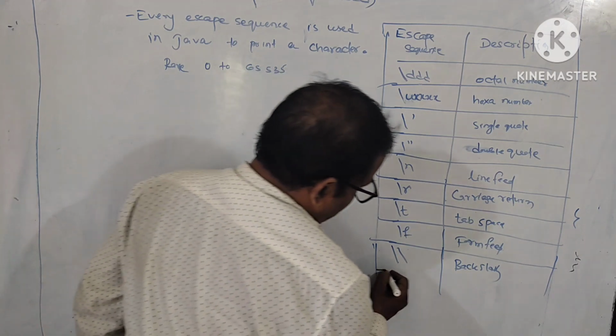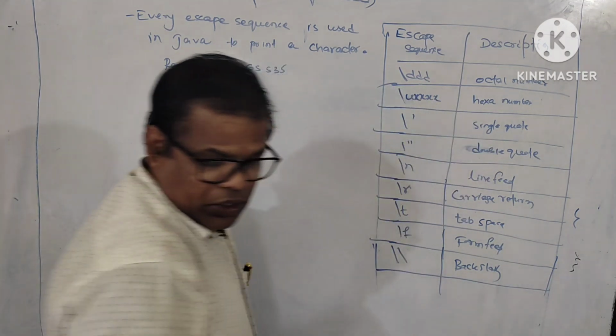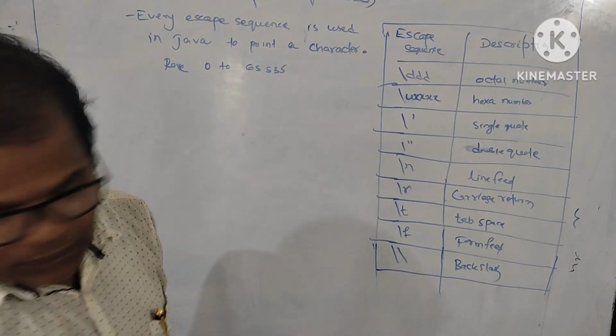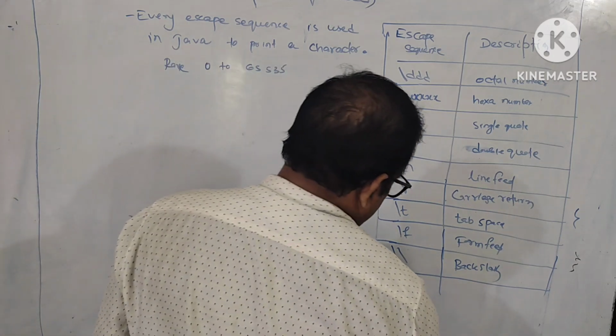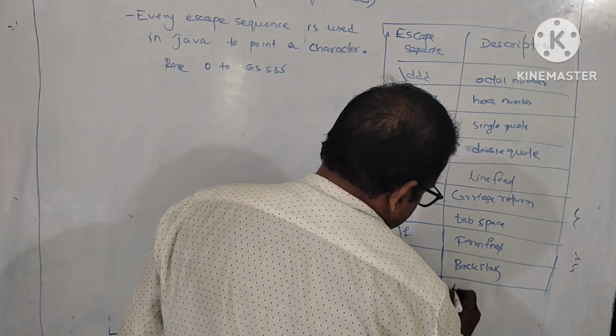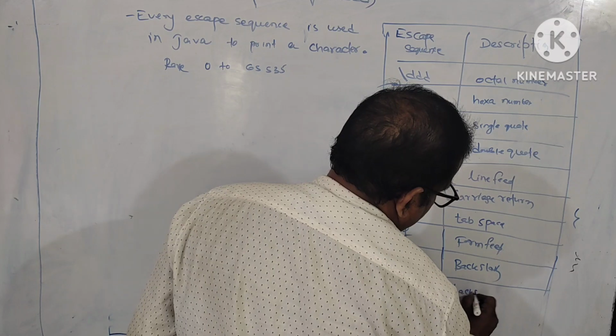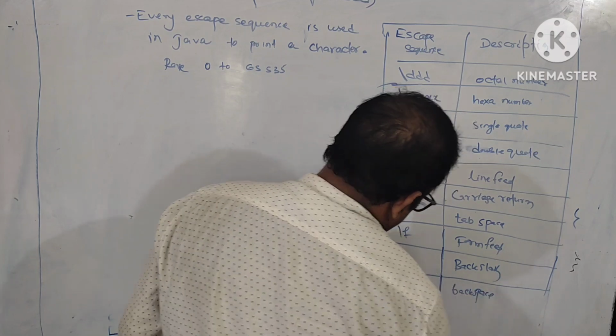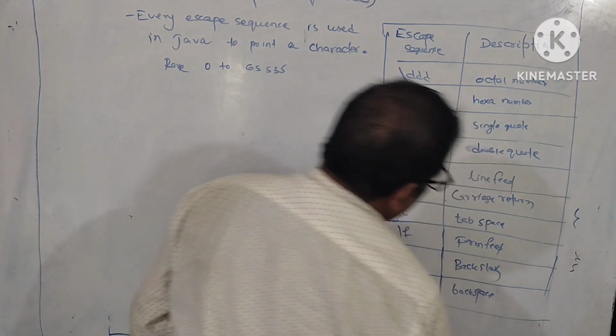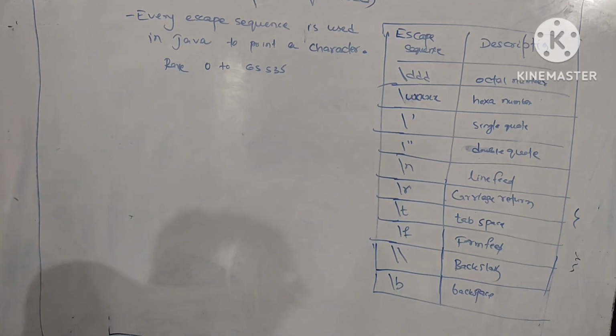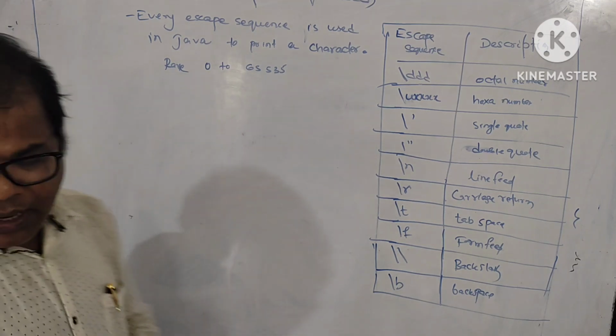Now the last one is slash b, which is called backspace. So there are 10 such escape sequences you should know how to use. Now we will see them one after another.